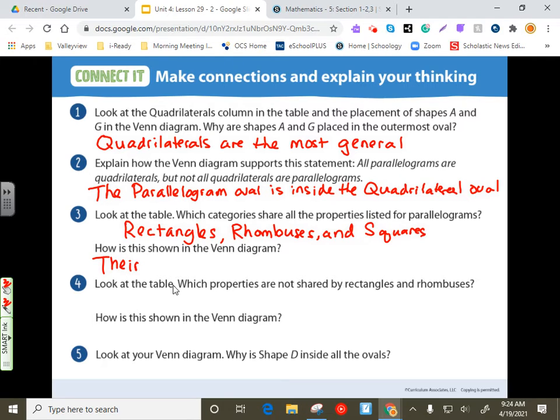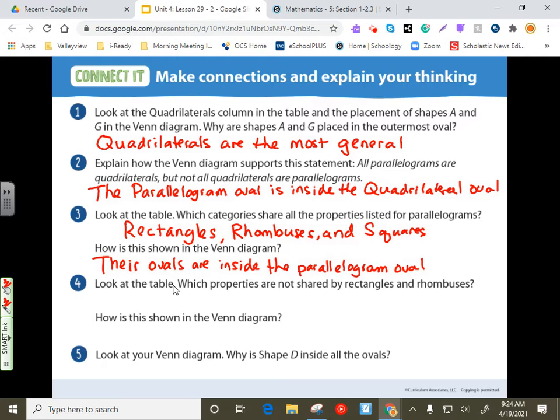So for those 3, their ovals are inside the parallelogram oval. Look at the table. Which properties are not shared by rectangles and rhombuses?